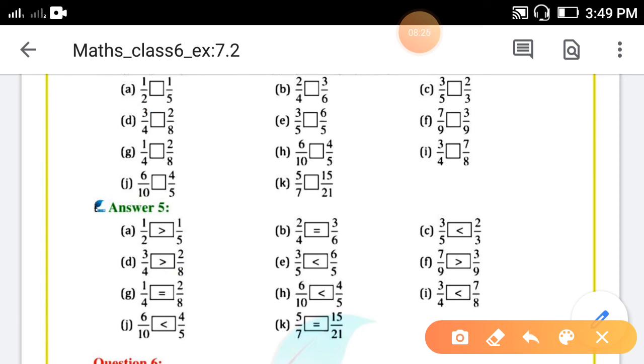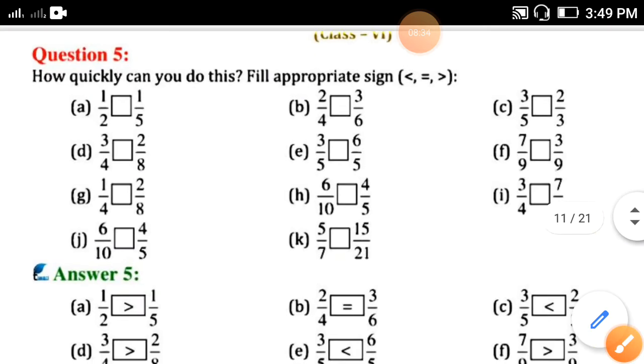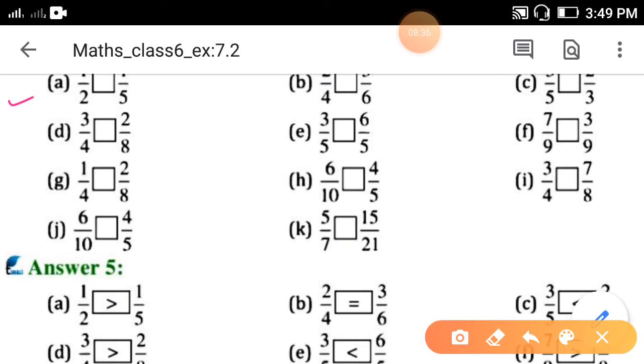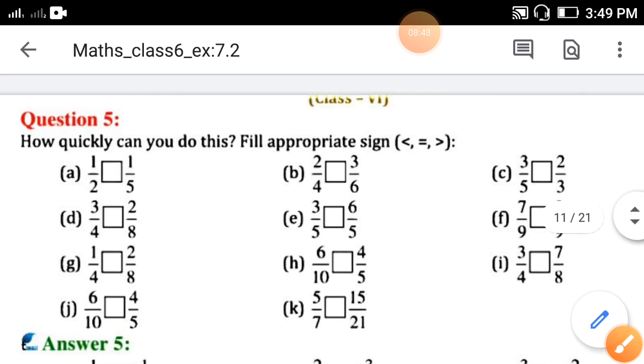Wherever the greater denominator is given, that fraction will be smaller. Understood what I am saying? When the numerator is equal and the denominator is different, you look at the denominator, and where the greater number is in the denominator, that fraction will be smaller. It means here you have to put the less than sign.